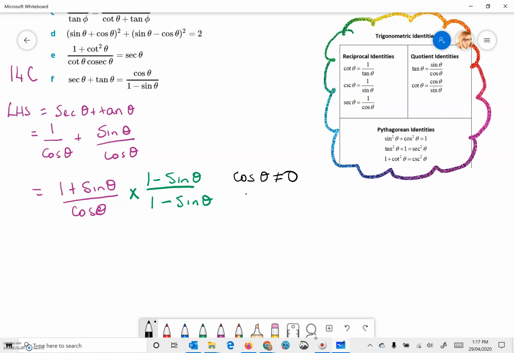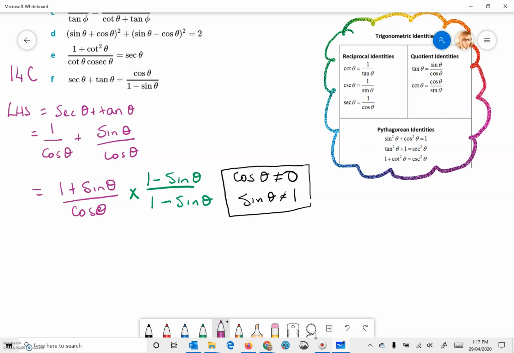And 1 minus sine theta can't equal 0, which means that sine theta can't equal 1. Interestingly, these two things will happen at the same time, so we won't really need more than one of those constraints.